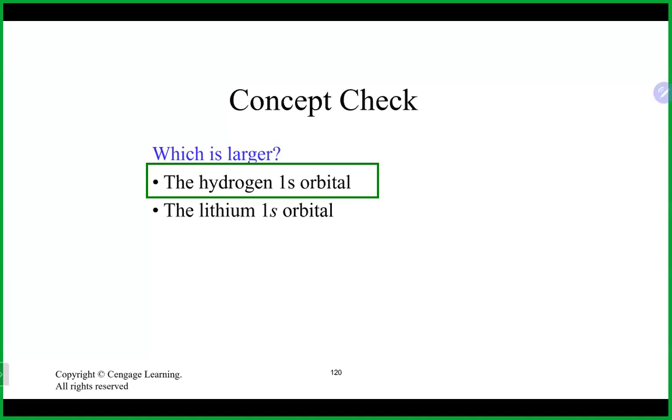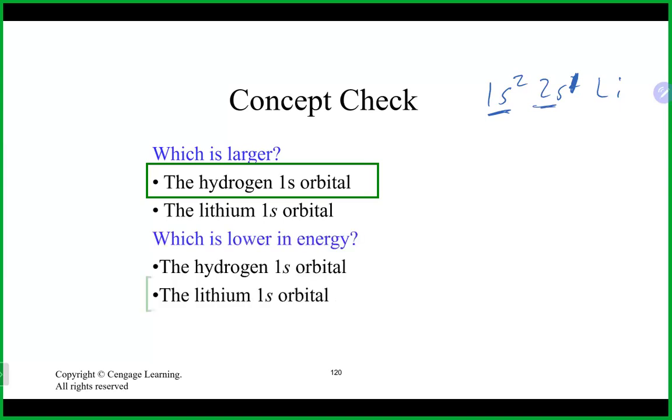Lithium is 1s2, 2s1. And because of the presence of the 2s electron, it is going to push the 1s in closer and not be as big as hydrogen, which doesn't have the 2s orbital and is going to be a little bit bigger.